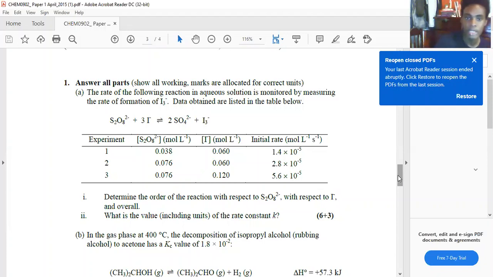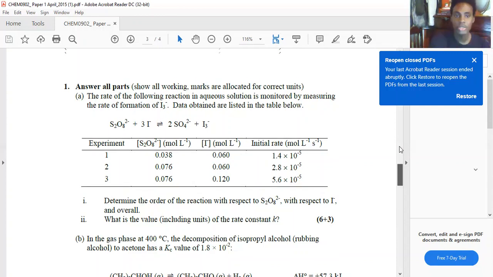Those two experiments would be experiment 2 and experiment 3. As you can see here, same, different here, right?